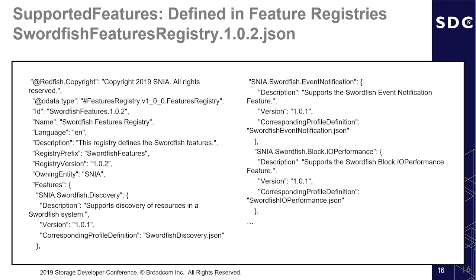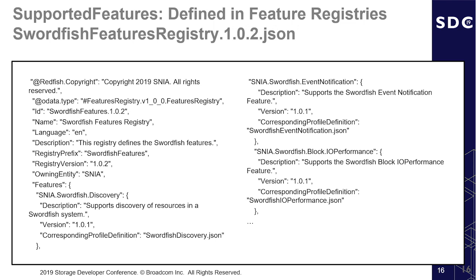It's more like you'll just go request against a set of resources. But this is basically how all of those various things we saw are described. So you'll end up with SNIA.swordfish.discovery, the description, its version, and its corresponding profile. And then there are entries in, I think this is 1.0.2. And this is published out on dmtf.org/registry/swordfish for all 13 of those boxes on that previous slide.